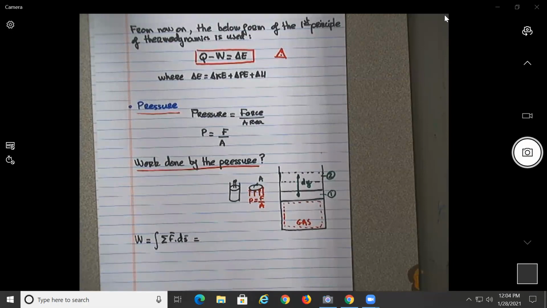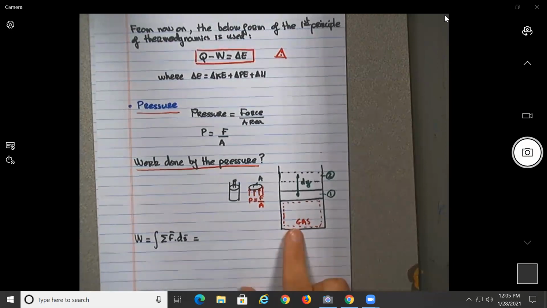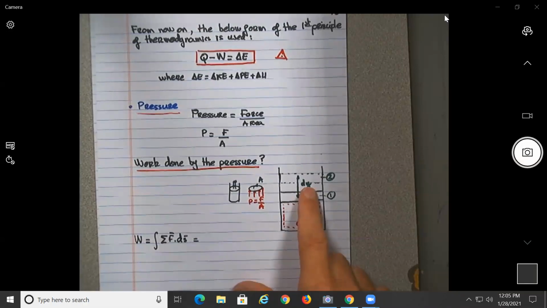So for example, what was the work done by the spring? It was negative, no? Because what happens to a spring? If you push it, it's going to try to push you back, so it's opposing the motion. Actually, a piston cylinder assembly is exactly the same thing. If you push down over here, what is the gas going to try to do? To push you up, no?